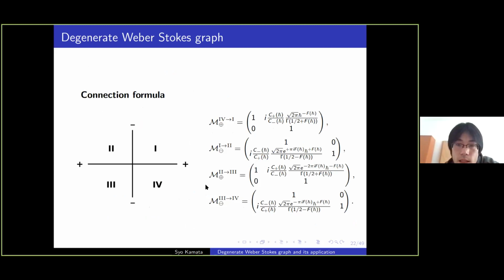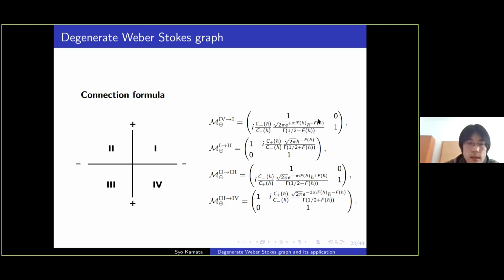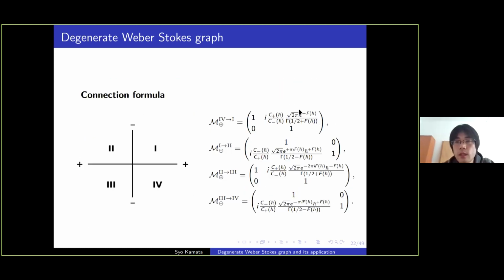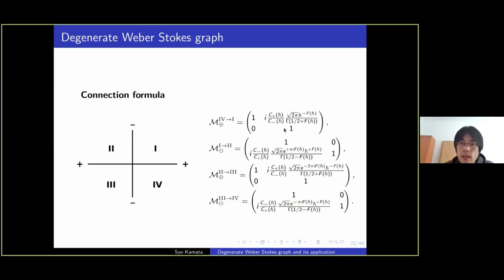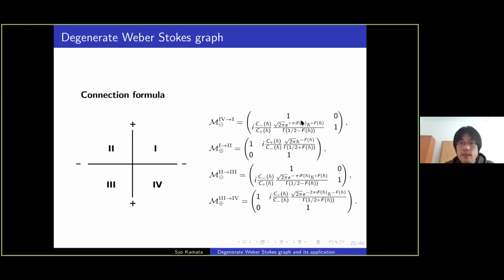Basically, as I said, this C plus, C minus can be calculated by the previous technique, and also F is calculated by the residue integration around the turning point. And if you flip this sign, this component is going to be opposite from here to there, and also this F is flipped, something like this.